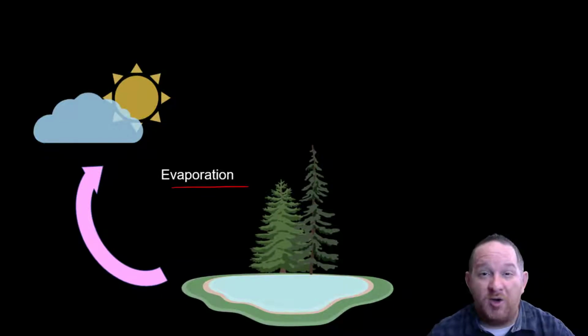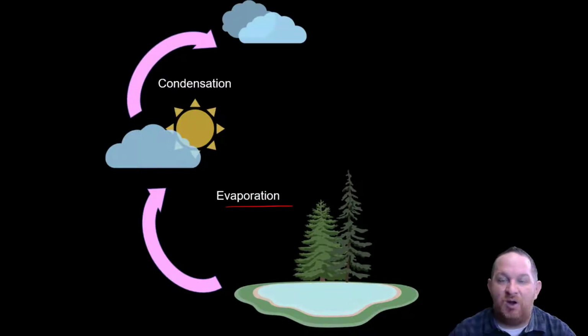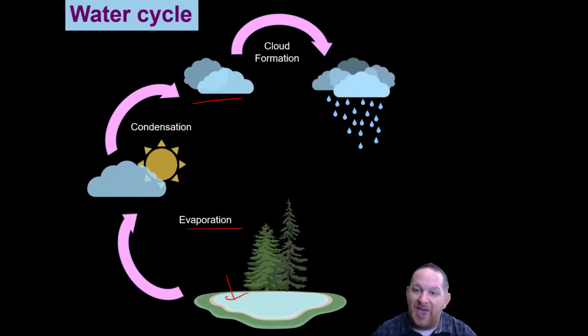Once that water becomes dense, it condenses into clouds, right? So water that was once in the lake evaporated, condensed into clouds. Those clouds continue to form, and eventually, when those clouds are ready, precipitation falls back down.